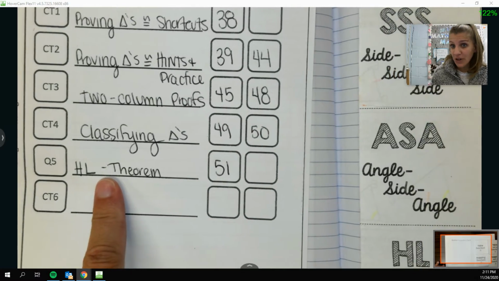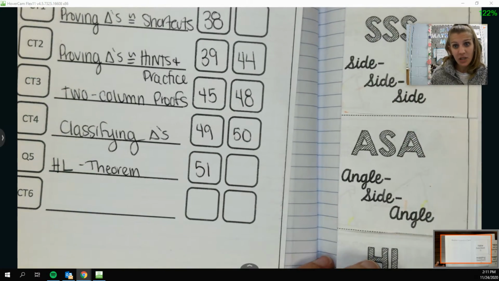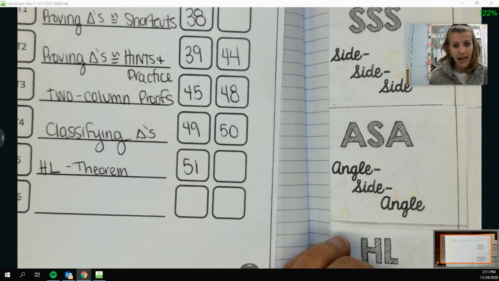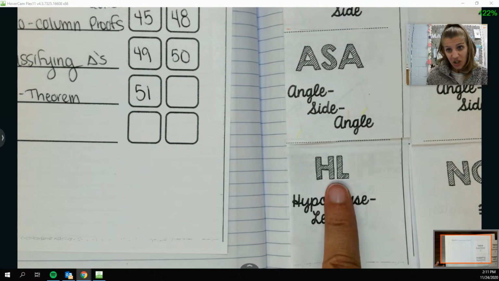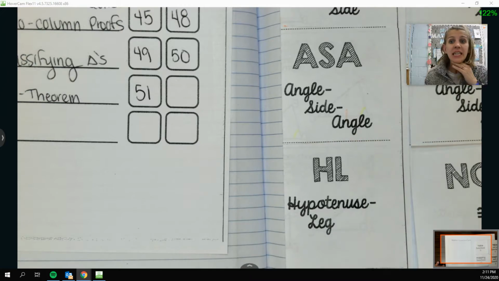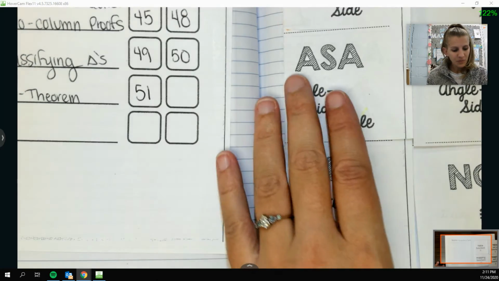So actually the first place that we encountered the little HL thing was right here. And so what HL stands for is hypotenuse leg.